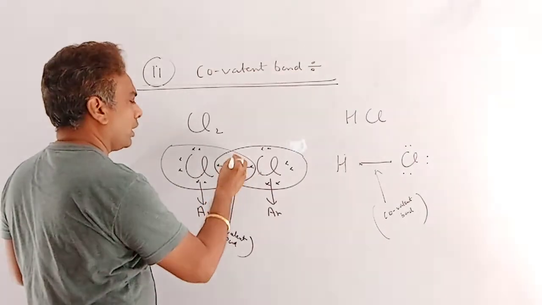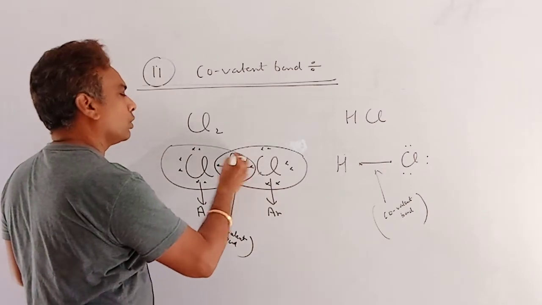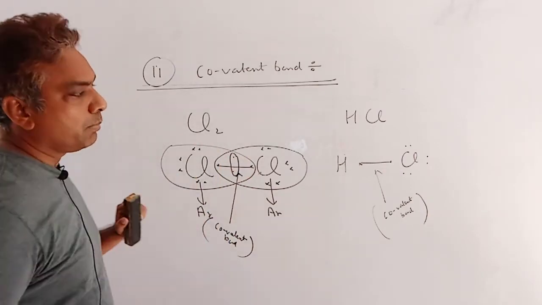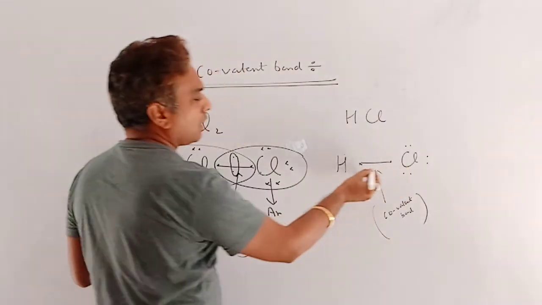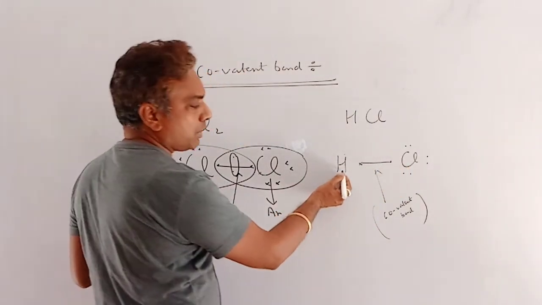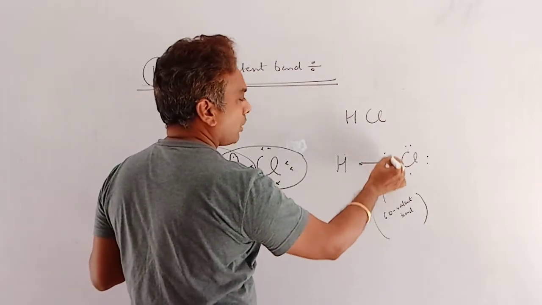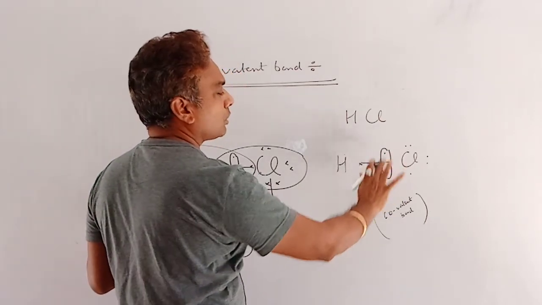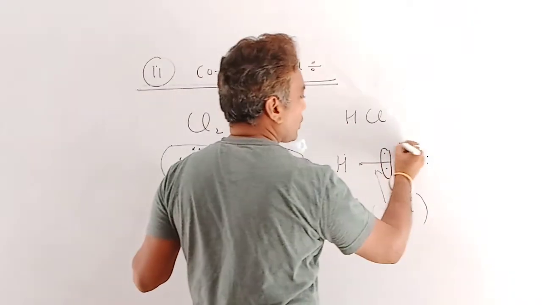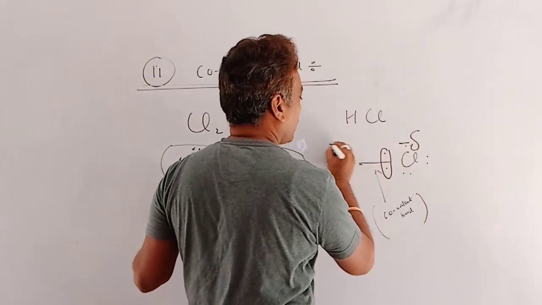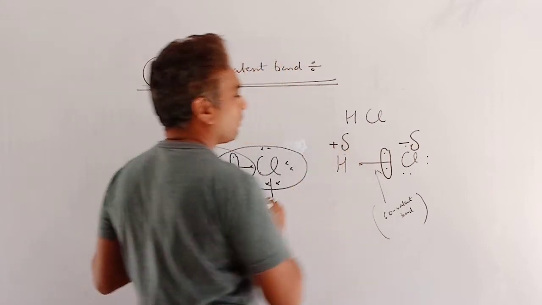So the shared electrons are at the middle of both chlorines. Clear? But in case of HCl, the electronegativity of Cl is greater as compared to hydrogen, so shared electrons are slightly shifted towards chlorine. Clear? So chlorine gets a partially negative charge and hydrogen gets a partially positive charge.